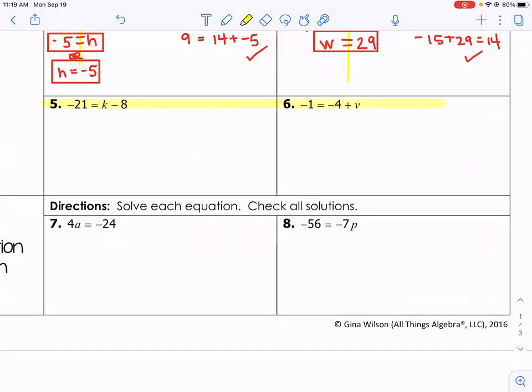You solve 5 and 6 together. Are you adding each of those sides?